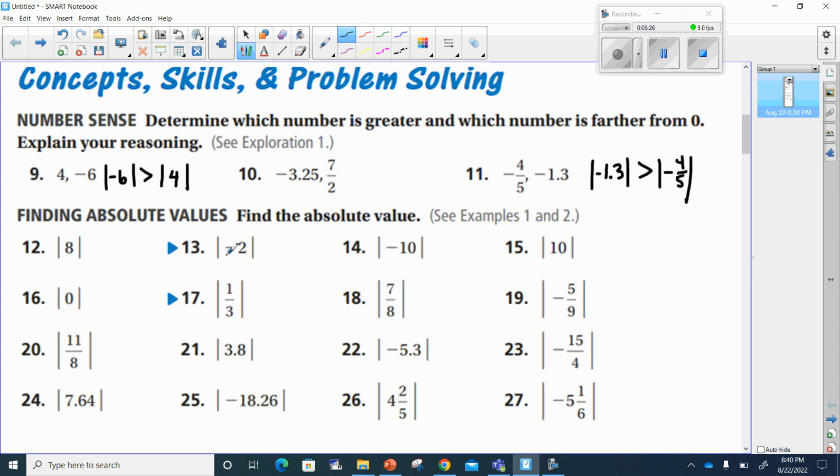All right, let's go to number 13, find the absolute value. The absolute value of negative 2, well, that's 2 away from 0. The absolute value of 10 is 10 away from 0. The absolute value of 17, 1/3, that's 1 divided by 3, right? I could say it's just 1/3, but if I was going to put it as a decimal, I could also say this is 0.3 repeating, right?